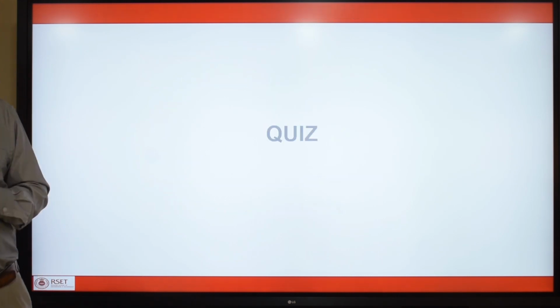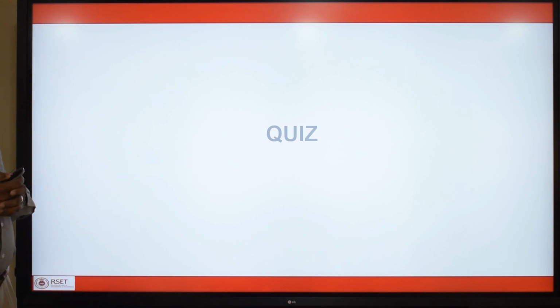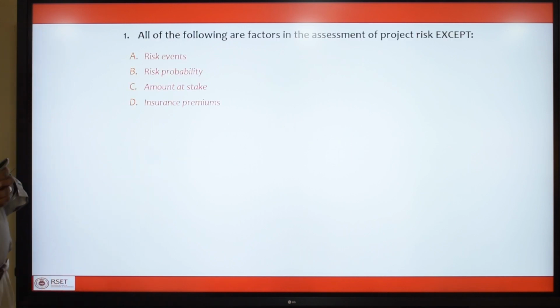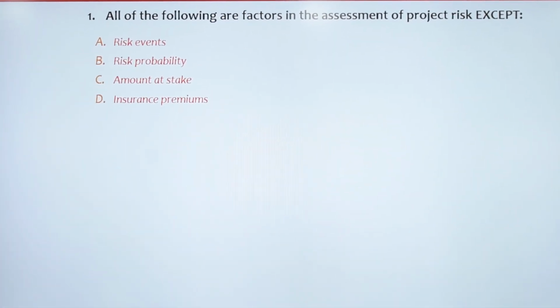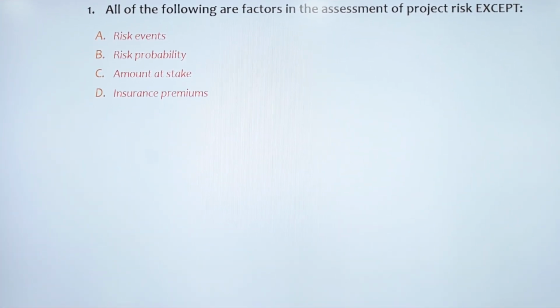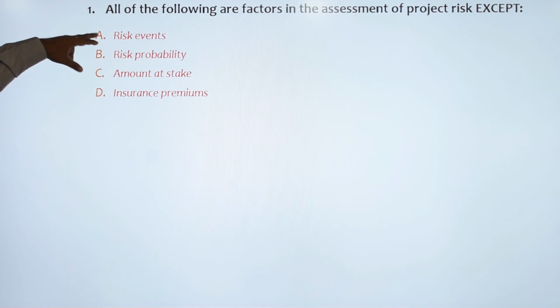So now we'll look at some of the questions based on whatever we covered during this 1 hour. All of the following are factors in the assessment of project risk except option A, risk events, option B, risk probability, option C, amount at stake, option D, insurance premium. Risk event, risk probability and amount at stake are used for analyzing and assessing the risk.